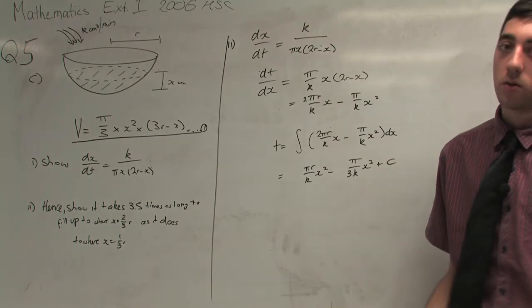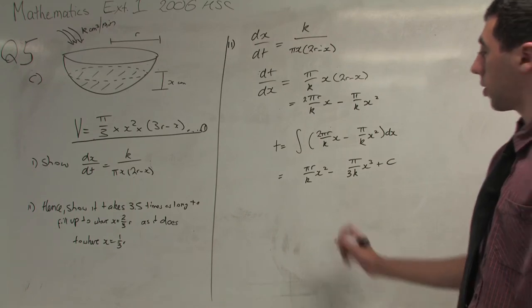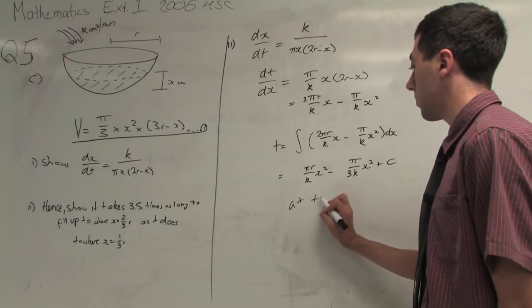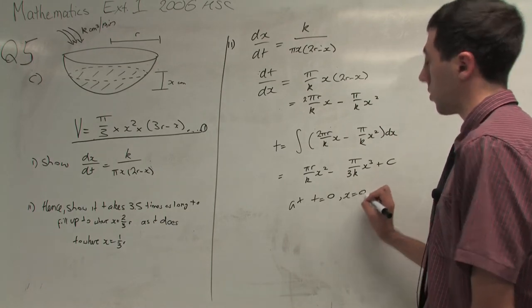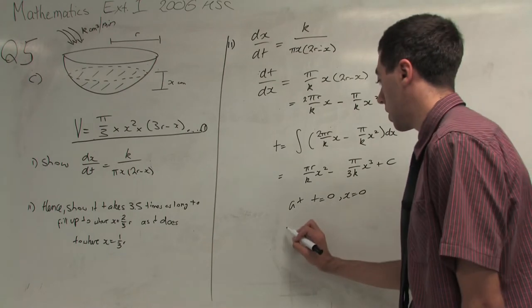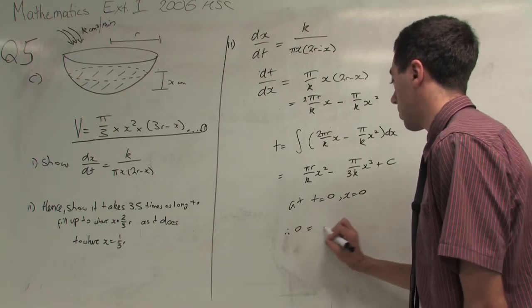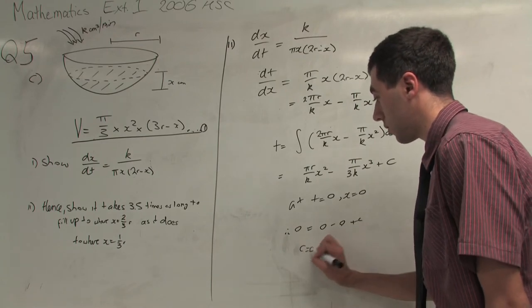Now we need to find the value of c. What we know is that, as it told us, initially the bowl is empty, so at t equals 0, x is equal to 0 because there is no water in the bowl. Therefore, 0 equals 0 minus 0 plus c, and our constant is 0.